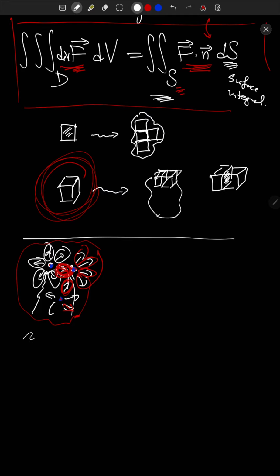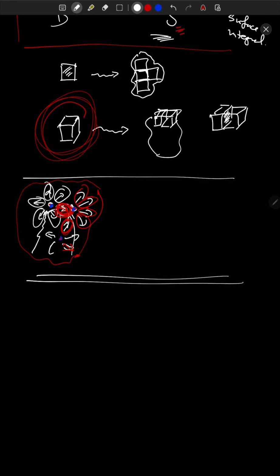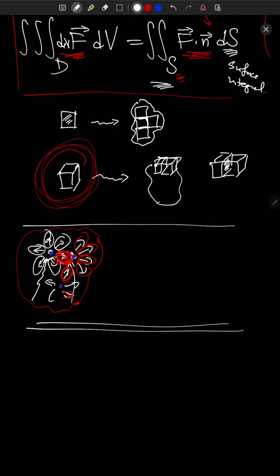So on your homework, you're going to find a lot of problems which give you a vector field and a region D, and ask you to calculate the left-hand side of this divergence theorem, then calculate the right-hand side, and then confirm that both are equal.